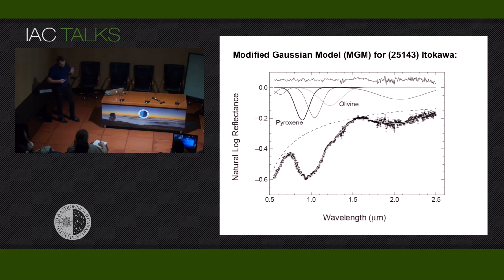So in my view, this is similar to fitting a spline through this system, for example, or any interpolation thing here. With the MGM, nevertheless, you can position the minima and maxima in a useful way for asteroid spectra, for example, for pyroxene and olivine.